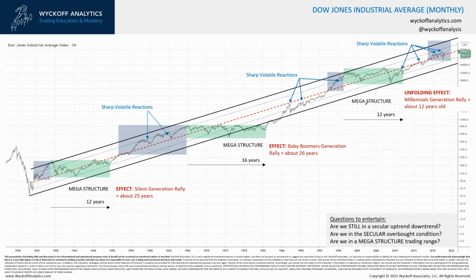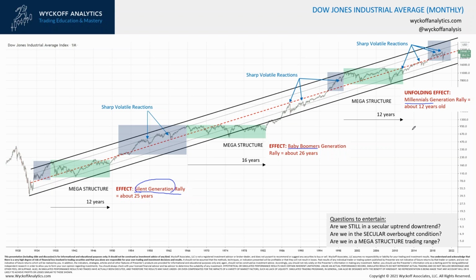And it was fueled by the revenue generation of the silent generation. We're going to be thinking about big demographical waves where we have the silent generation, we have baby boomers, and now we have the millennials.